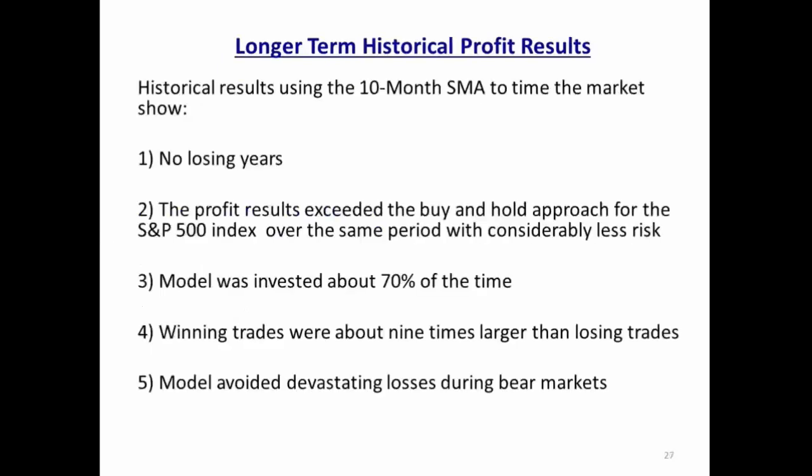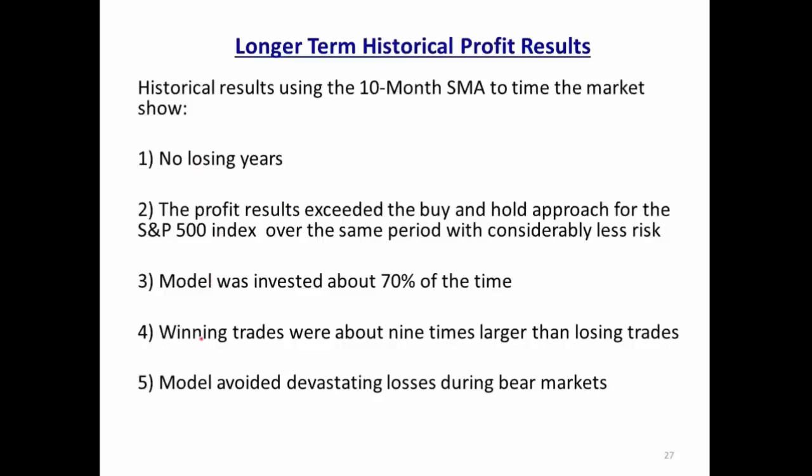And that 35 years of testing showed no losing years. The profits exceeded the profits for a buy and hold approach for the S&P 500 index over the same period with considerably less risk. The model was invested about 70% of the time, and the winning trades were about 9 times larger than the losing trades.